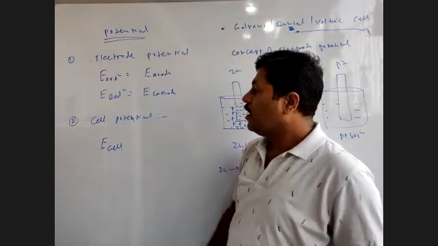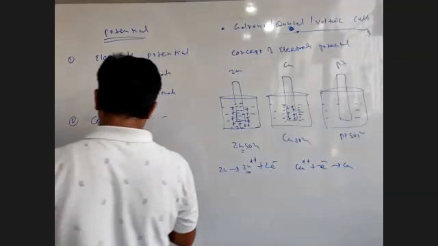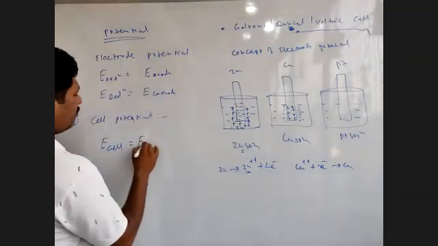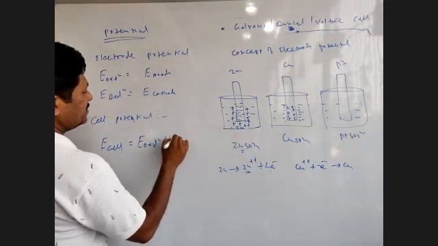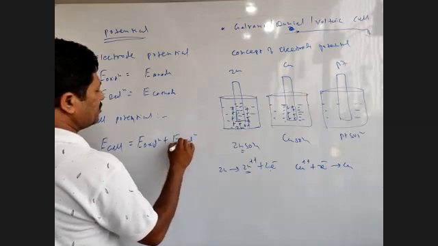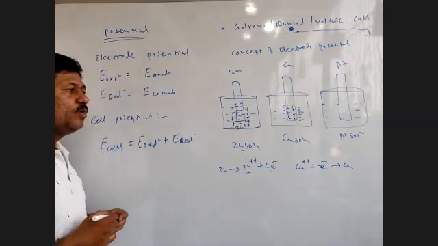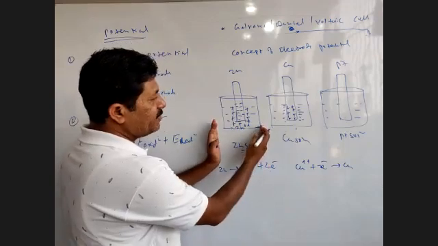When we talk about the cell potential, तो cell potential is EMF of oxidation plus EMF of reduction, ऐसा होता है. So देखिए, this is half cell, this is another half cell.